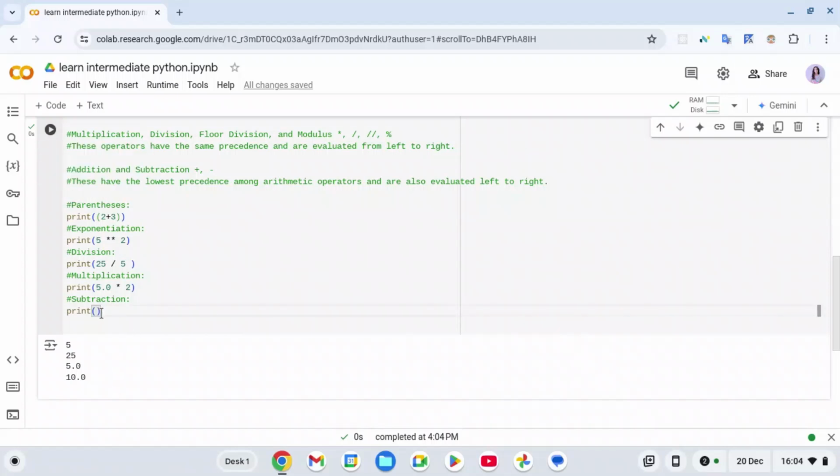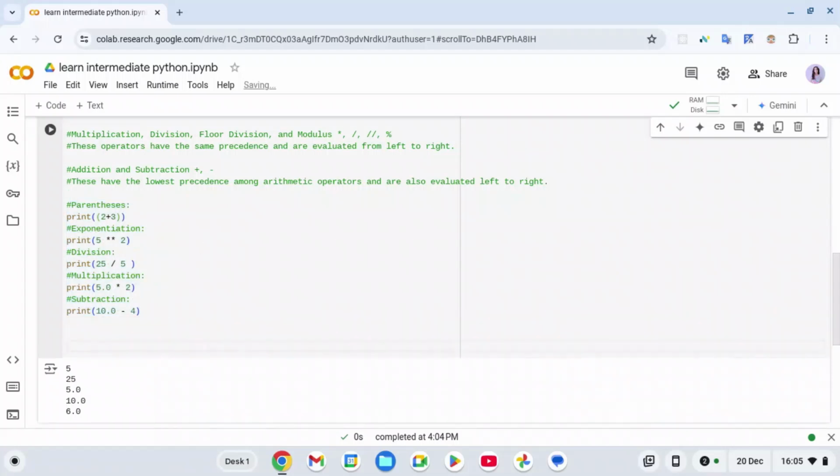And then lastly, subtraction, I have an example of 10 minus 4, which will get 6. If you guys understand this, now let's move on to the next step.